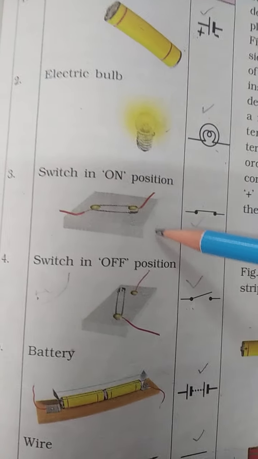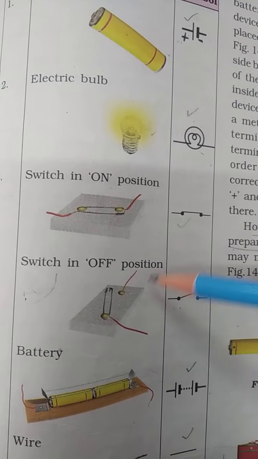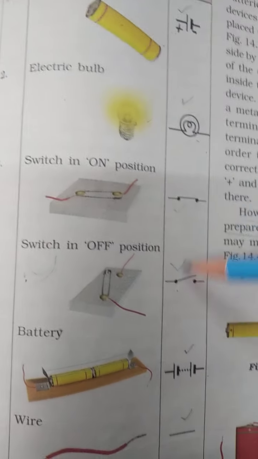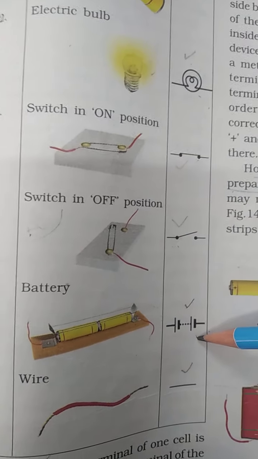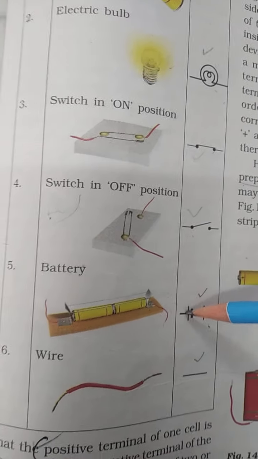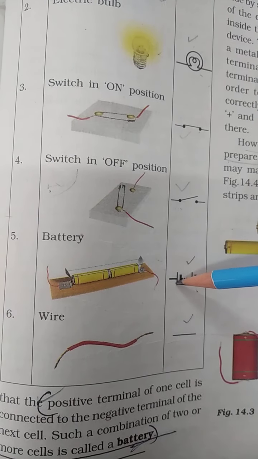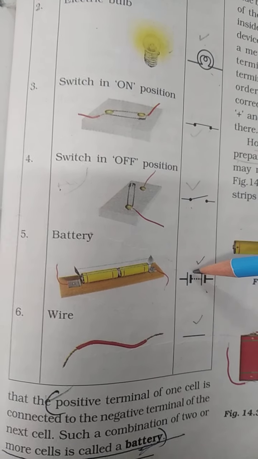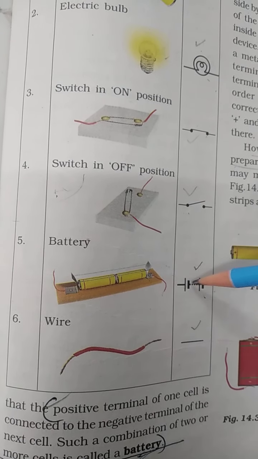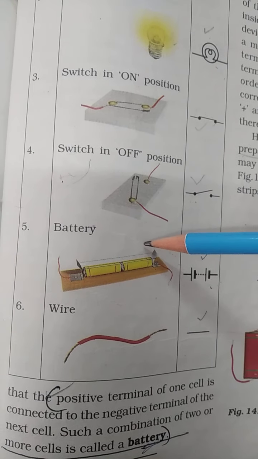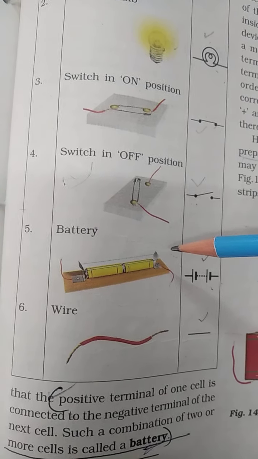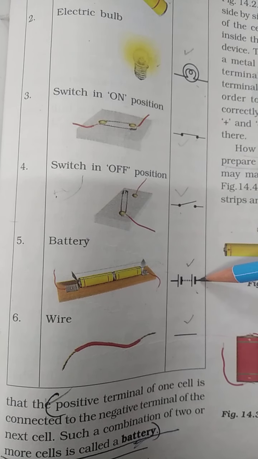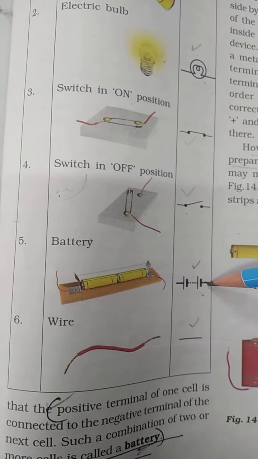Switch in the on and off positions are represented in this manner, and the battery is represented in this manner. In a battery, the positive terminal of one cell is connected to the negative terminal of the next cell. This combination of two or more cells is known as a battery.